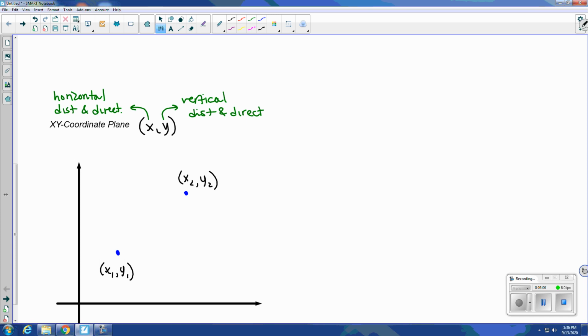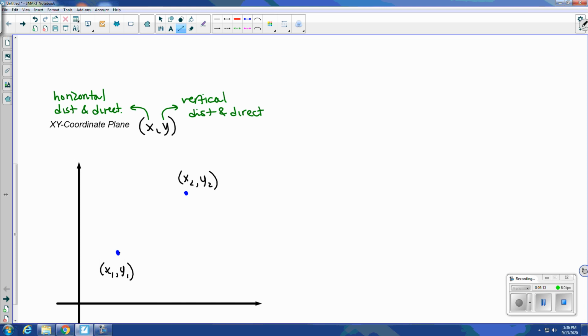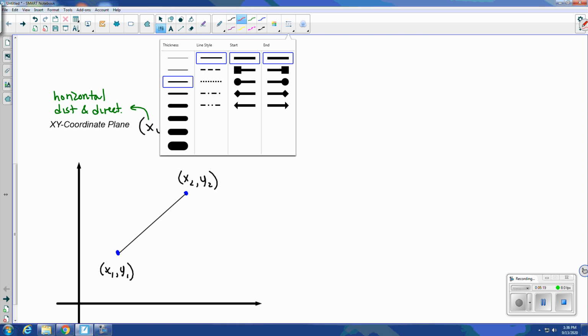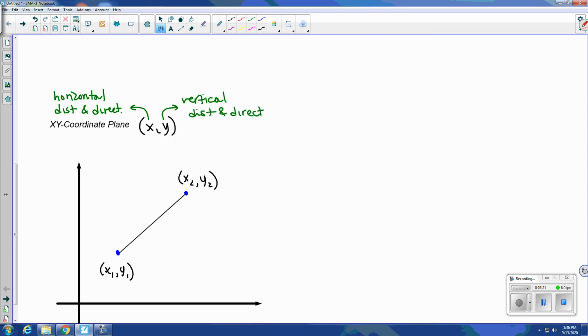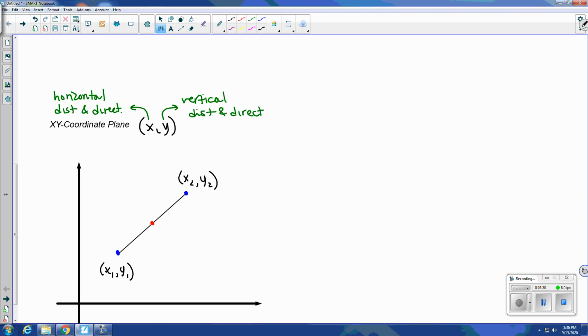We have a rough sense, so let's actually connect these with a segment. We know roughly where to expect the midpoint, but we want to be able to calculate precisely where that would be. Now what we can do is we know how to calculate a midpoint on a horizontal and vertical line.